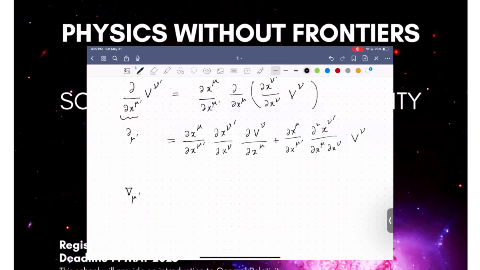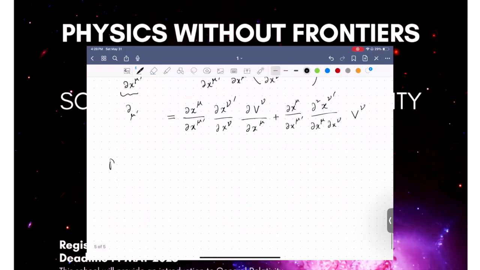And what are some other nice criteria of derivatives that we know of? So the derivatives are linear, right? Properties of covariant derivatives that we want.